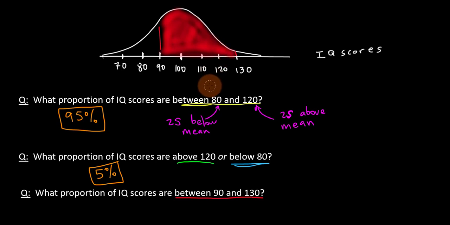Now this is not going to land on one of those segments directly from the empirical rule. We're going to need to be a little bit more clever here. So a couple things I'm thinking about are the value of 90 is 1 standard deviation below the mean, and 130 is 3 standard deviations above the mean.